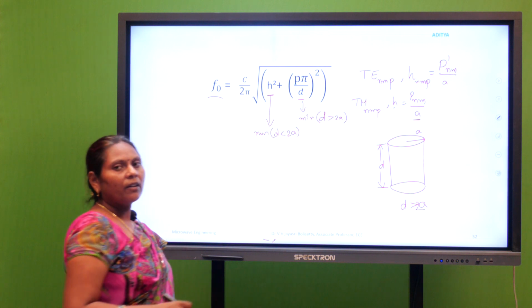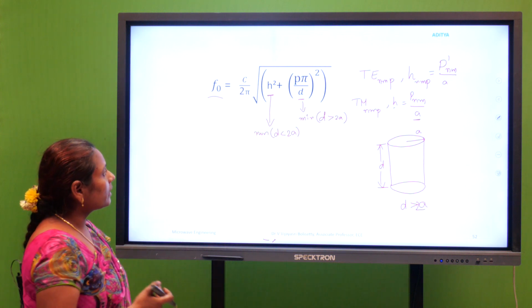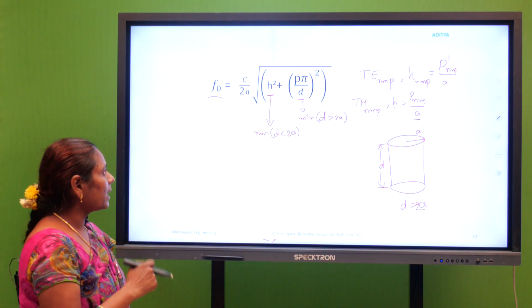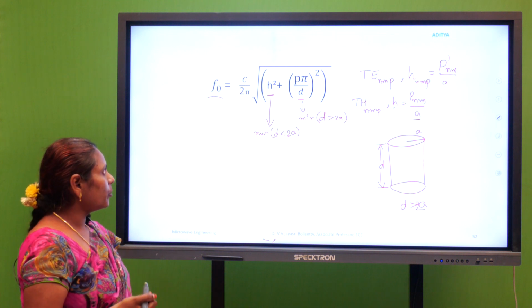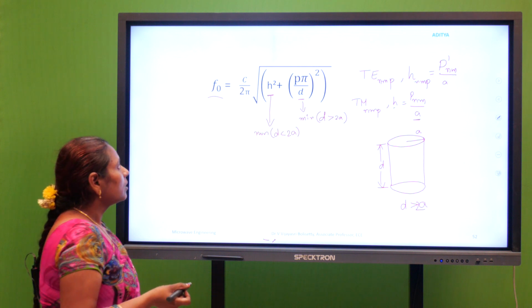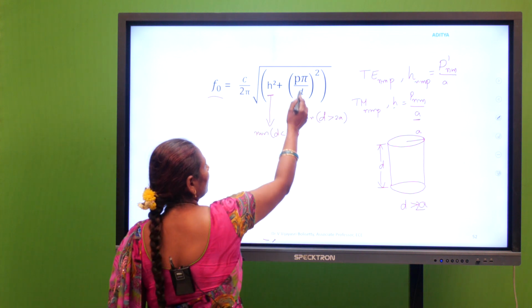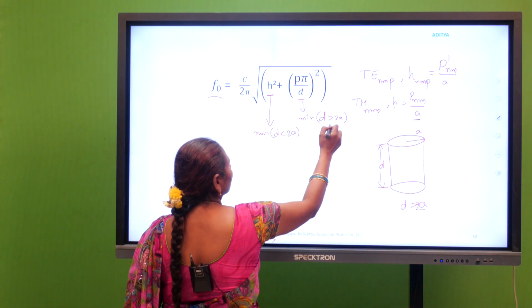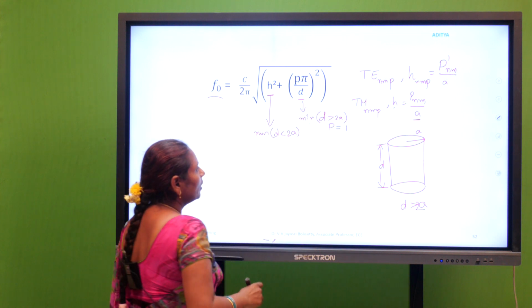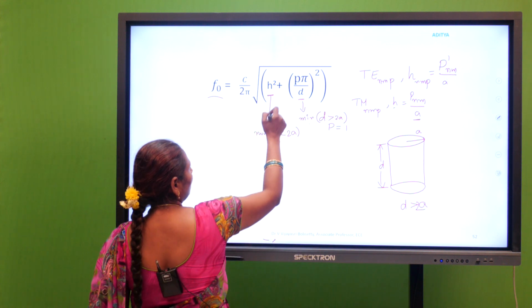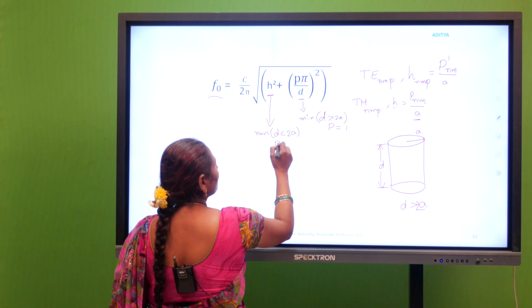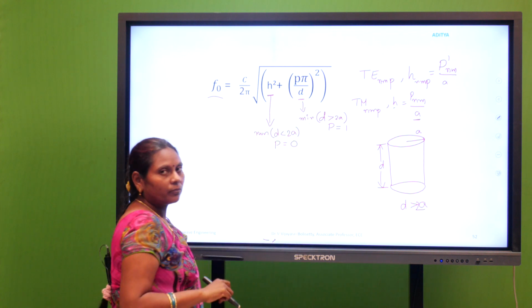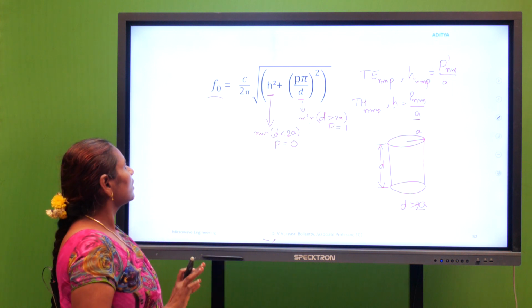So, we have to check whether D is greater than 2a or less than 2a, and depending on that P can be made 0 or 1. If it is giving the minimum value, then P can be 1 in this case. But if it is giving the maximum value, then in this case P should be equal to 0. That is the representation for the mode.